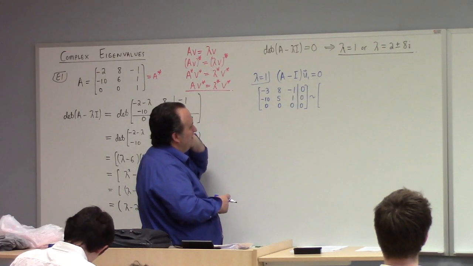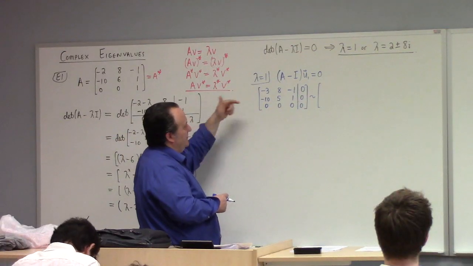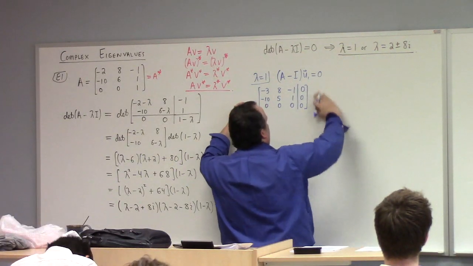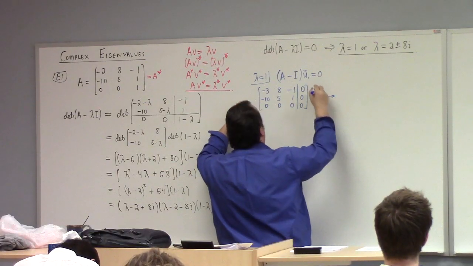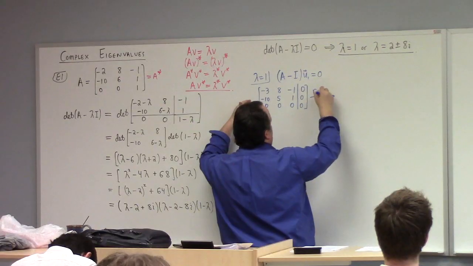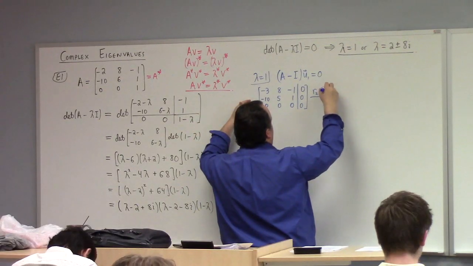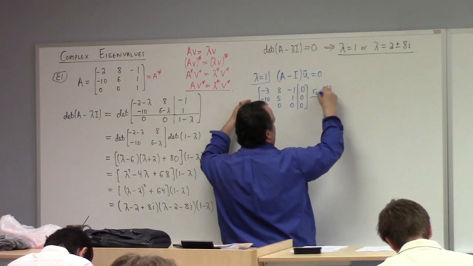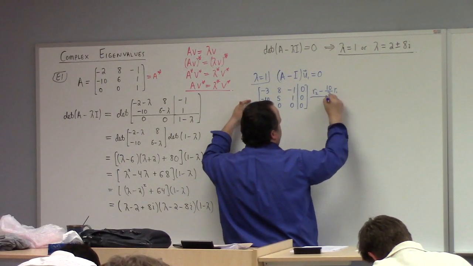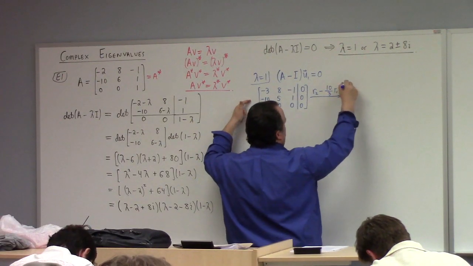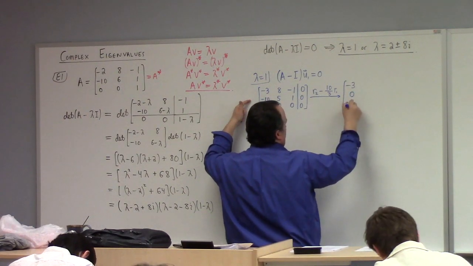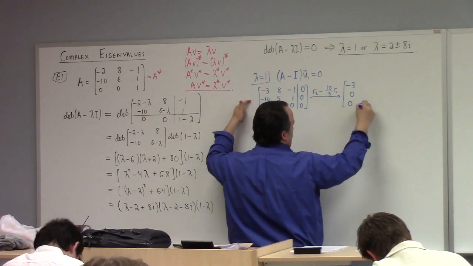I guess I'll actually write out what I'm doing. So I'm going to take row 2 minus 10/3 row 1. All right? Why would I do that? Mostly because of this, right?